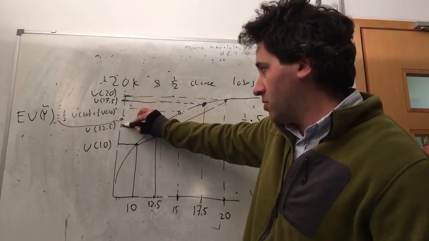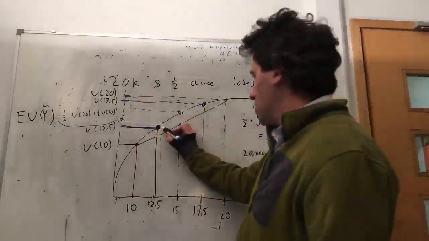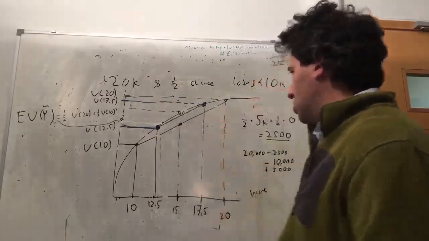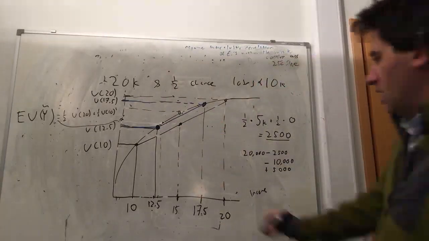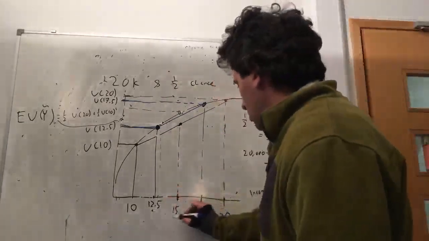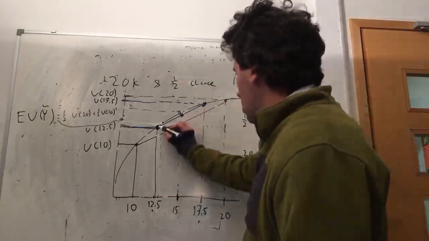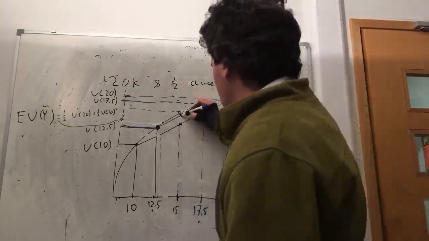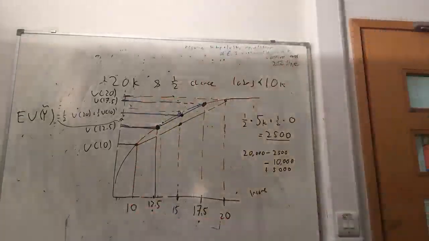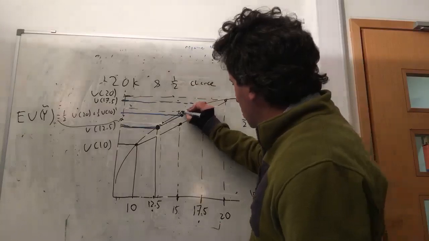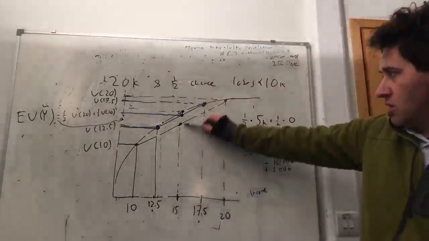It should be the point halfway between here and here, which we can show with the same geometric argument, projected up onto this arc, and then projected over to here. Okay, and we can see that this point is still obviously below this point.